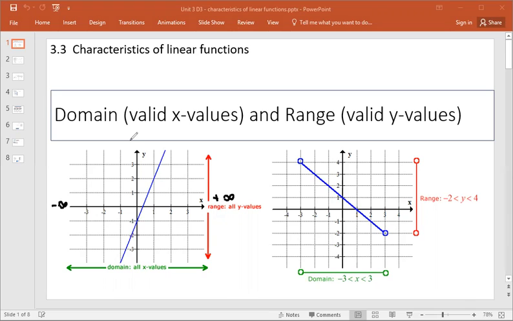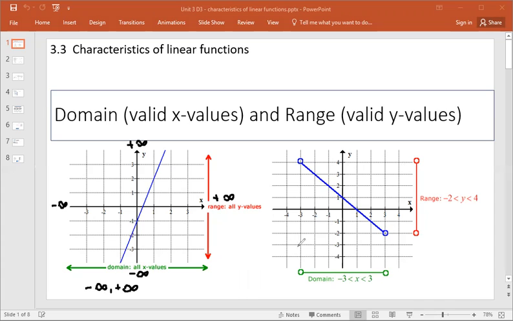The largest amount is positive infinity and the smallest amount is negative infinity. So here we could say that the domain is from negative infinity to positive infinity, and you want to make sure you have your negative and positives, and you always write it from smallest to largest. Okay.